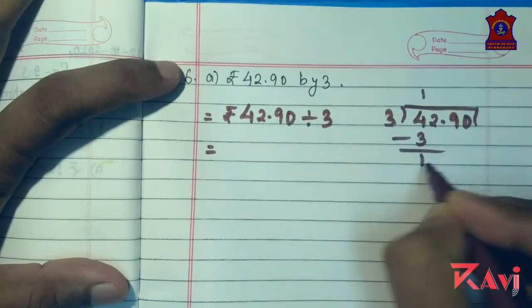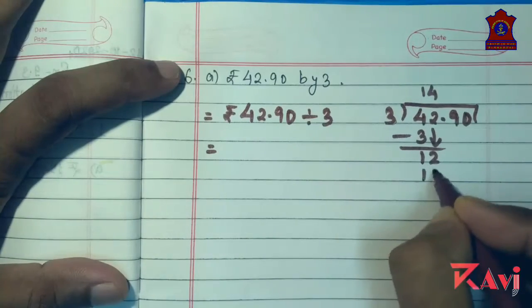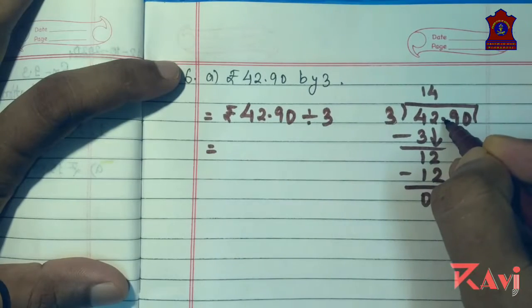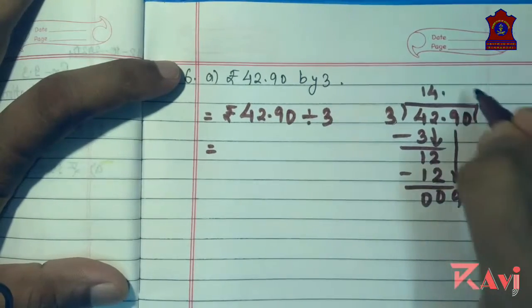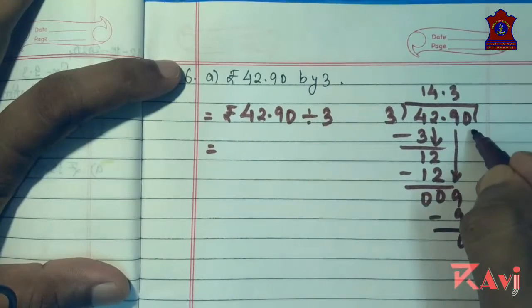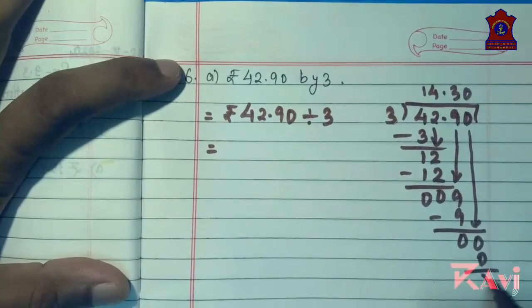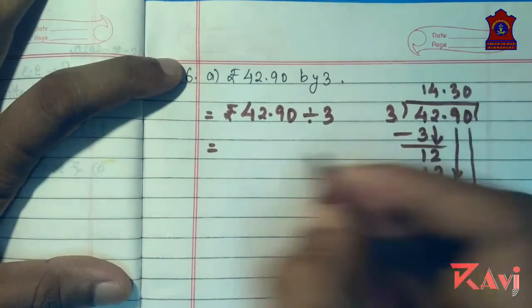Okay, 1, what comes down? 2, 3 4s are 12. Okay, what is left? 0. What is there after that? Decimal. Put a decimal. What comes down? 9. 3 3s are 9. Clear? 0. What comes down? 0. So 0s are 0. Clear? So we have got rupees 14.30.